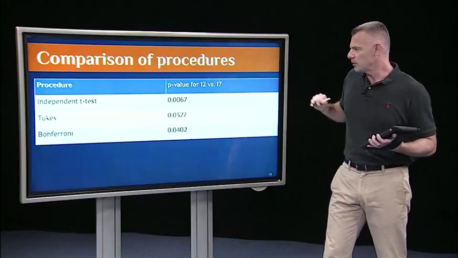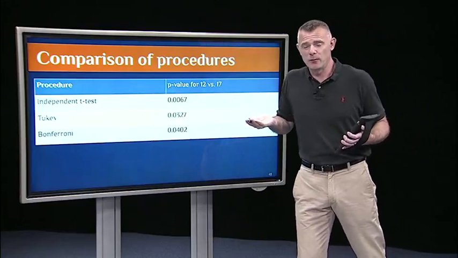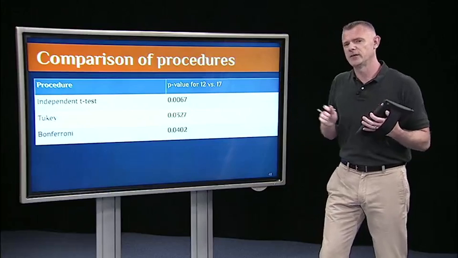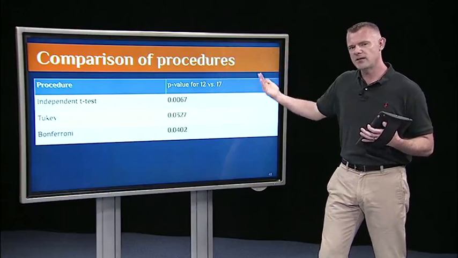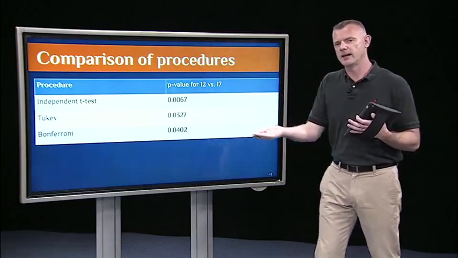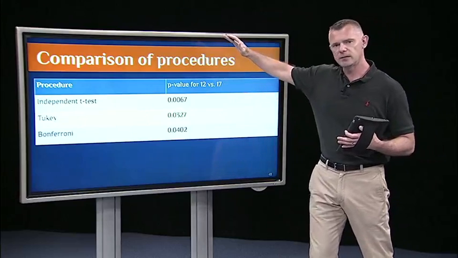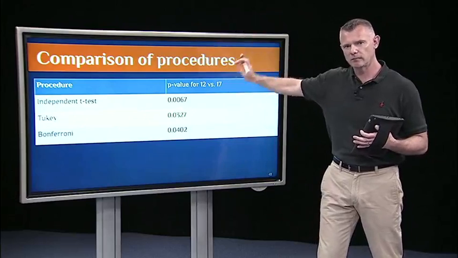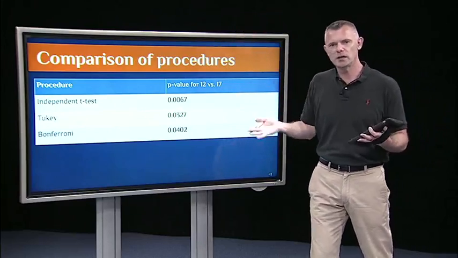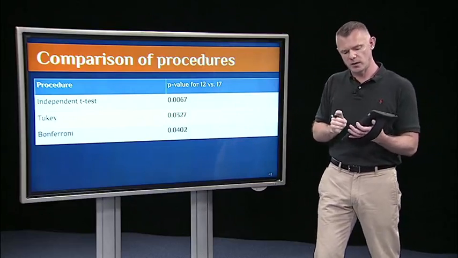The Tukey procedure gives you a value of about 0.03. Bonferroni, you're up at 0.04. In all cases, it's still a statistically significant difference, but you see that the p-values change as a function of the procedure that I ran in R. Again, the independent t-test is most liberal and actually inappropriate in this example. Bonferroni is going to be the most conservative. Tukey is probably a nice happy medium and pretty popular and common.